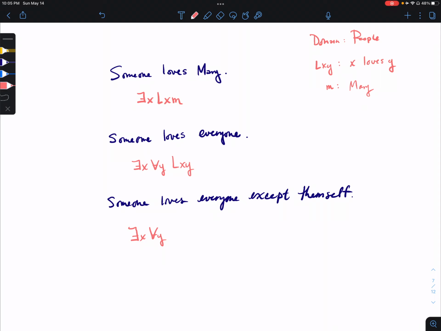There exists an x such that for everyone in the domain, if, I'm going to introduce a new predicate here, if it's not the case that y is identical to x, then x loves y. So that says someone loves everyone except themselves.